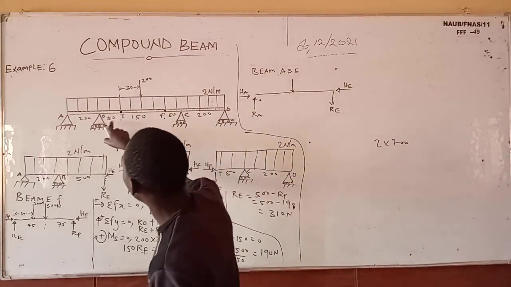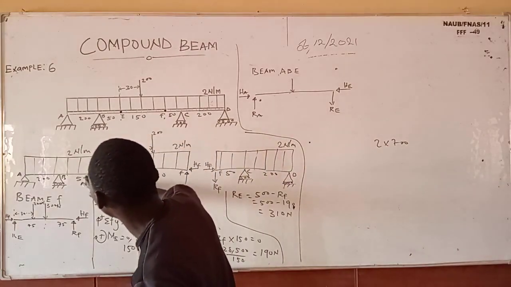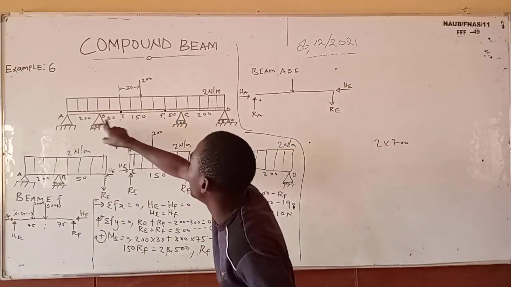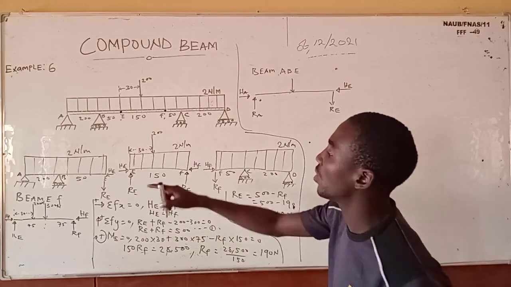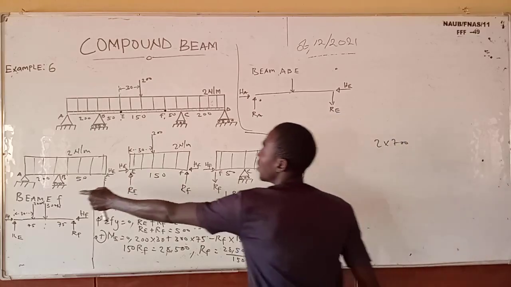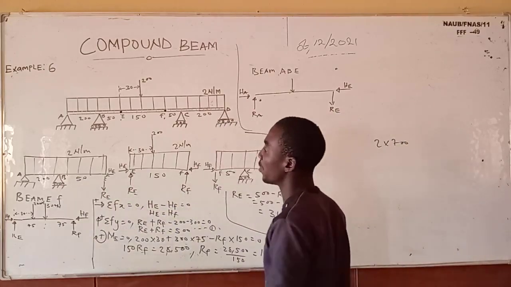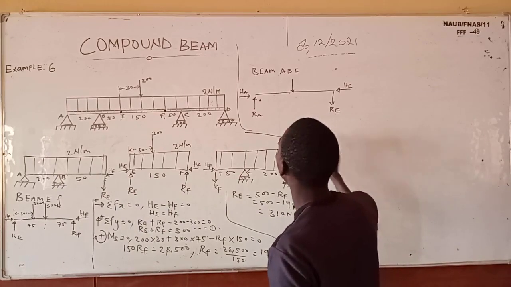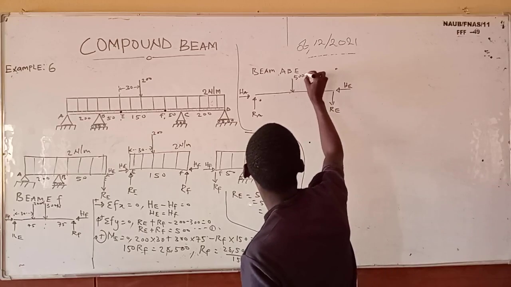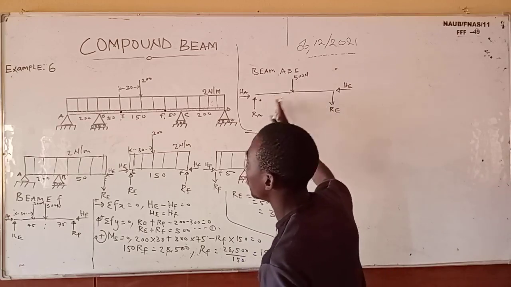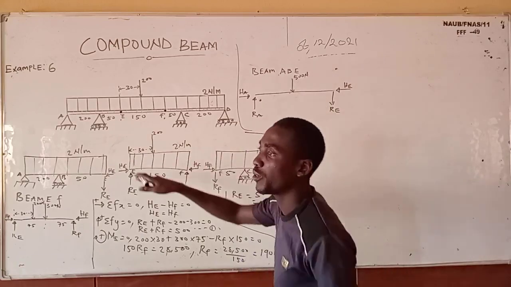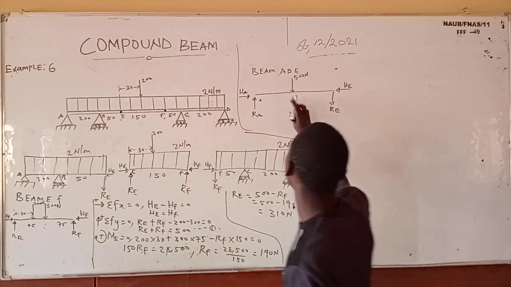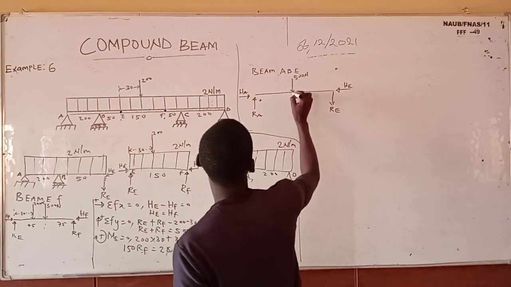Sorry for that. The distance here is 50, not 500. Look at it, BE is 50. So the total distance is 200 plus 50, that is 250. So 2 times 250 is 500. We have 500 Newton here, acting at the center of the beam. So 250 divided by 2 is 125. It's going to act at 125.